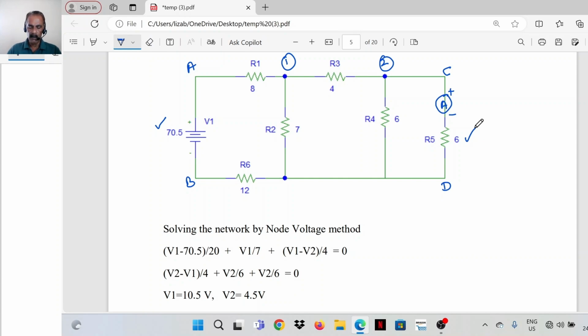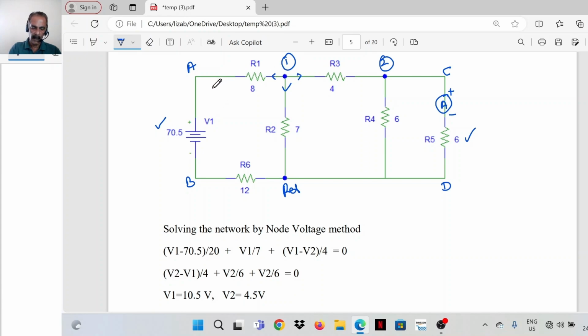So if we solve this problem by the node voltage method, this is the reference point. Then the equations: sum of the outgoing currents is equal to 0 at node 1.